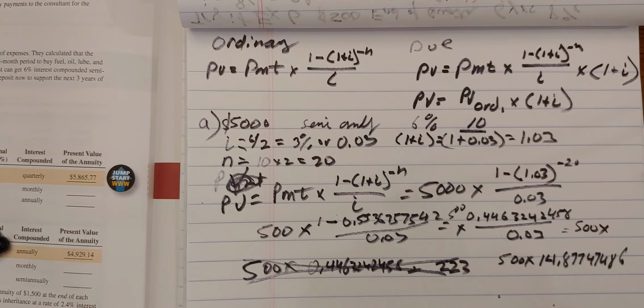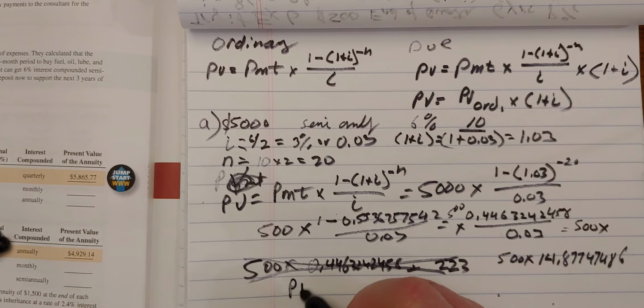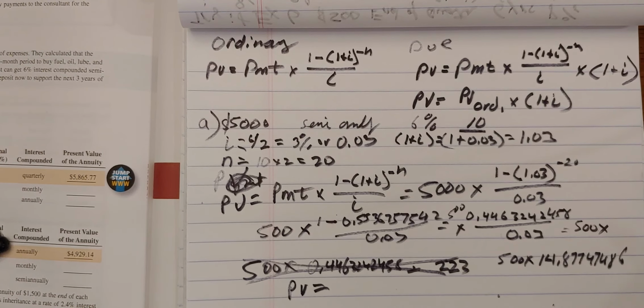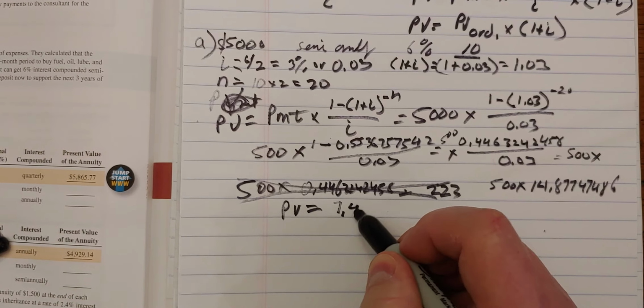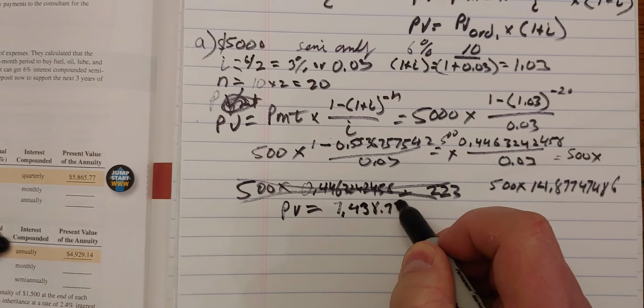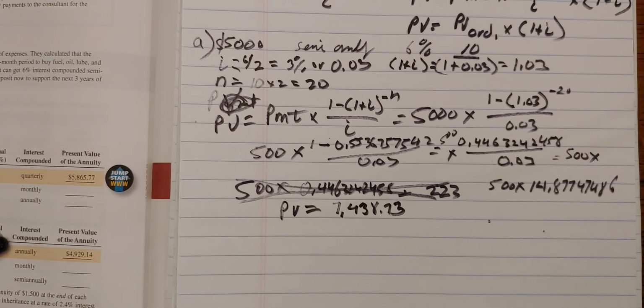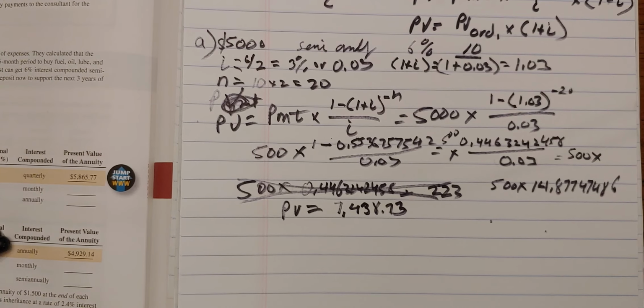I like that better. Now my present value equals 5,000 times the 14.877. All right. Should give me $74,387. You know what I did? I kept moving.